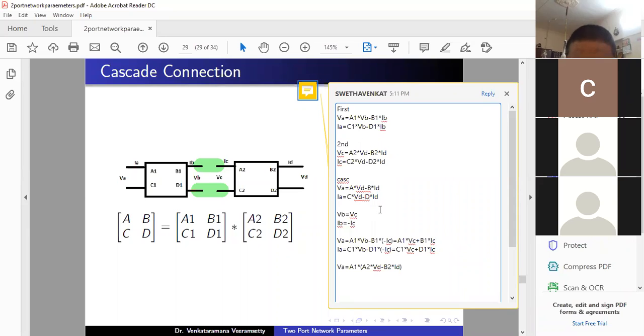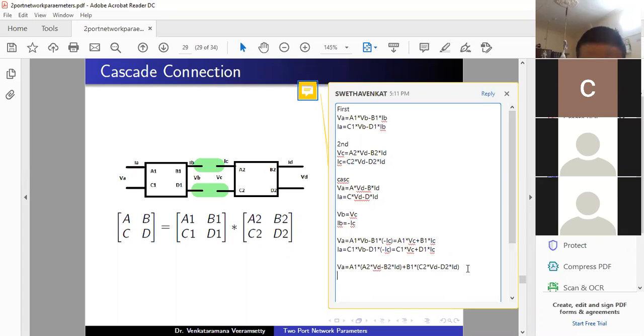That is the VC, right? Plus B1 multiplied by IC, and IC equal to this one, C2 into VD. Just replace it. That's it. Okay, right. Next thing.